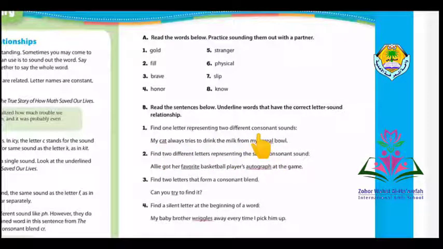Cat and cereal. So C here was pronounced as ka, but here it was different. It was pronounced as sa. All right. So in the same way, you need to focus on how a letter blending or collection of letters is pronounced differently in each word. All right.